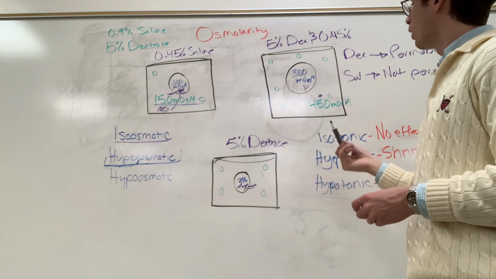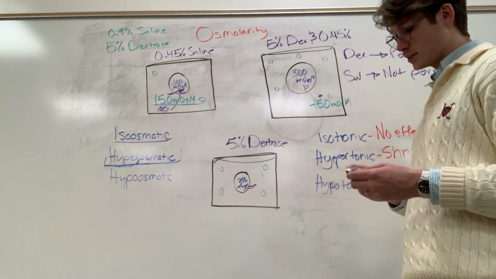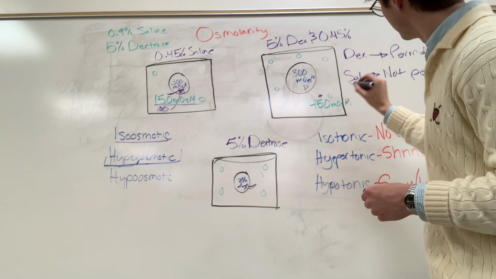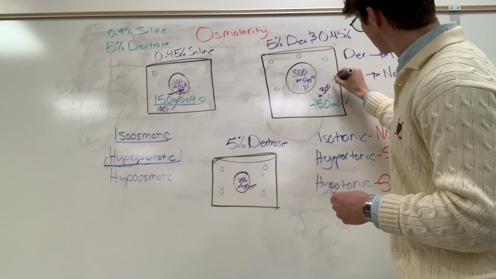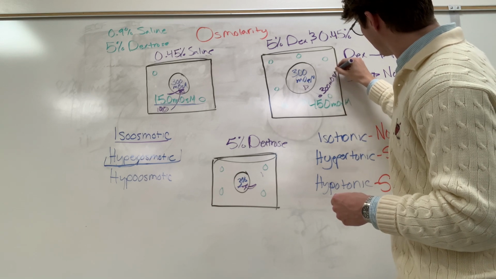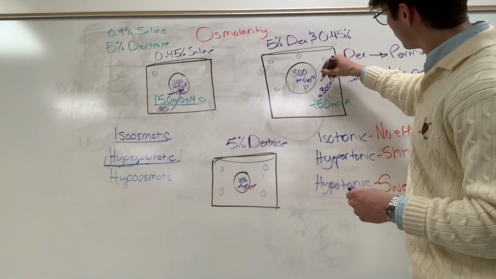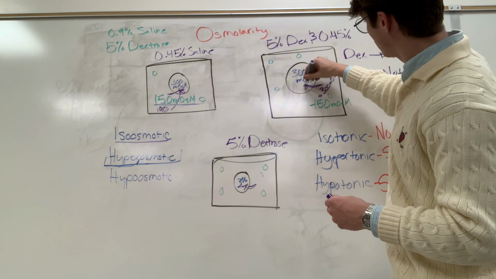Using the fact that we know that dextrose is also metabolized, what's going to happen is the 300 milliosmolar solution of dextrose is going to move into our cell, okay?